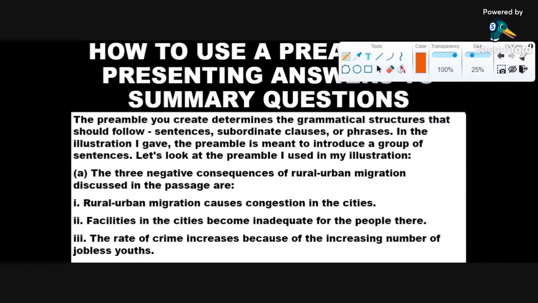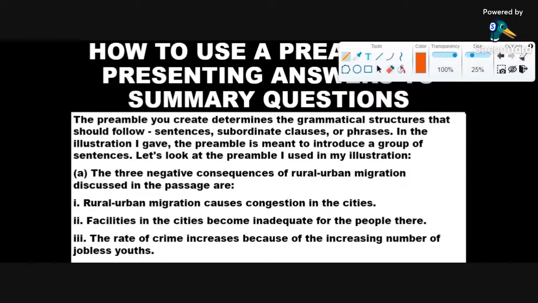And then 3 sentences are presented to follow the preamble, because a preamble is simply an opening statement explaining what follows. And what you are presenting here is not a preamble. A preamble is not an end in itself. A preamble is simply a means to an end. The end is the answer you are presenting, and the answers you are presenting should be in sentences.